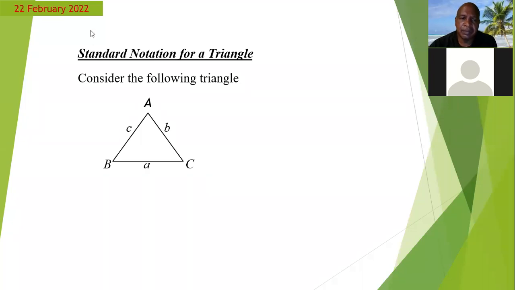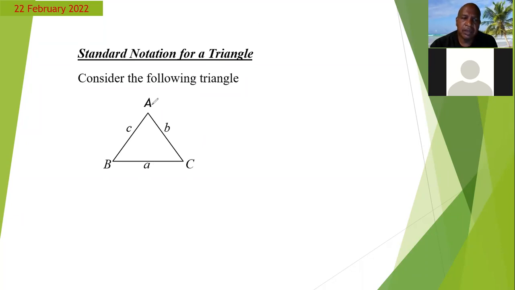Now there's something else to note about the labeling of a triangle. If you notice where the common letter A is and the capital letter A is, you will notice in relation to their position, they are opposite to each other. Everybody notice that?